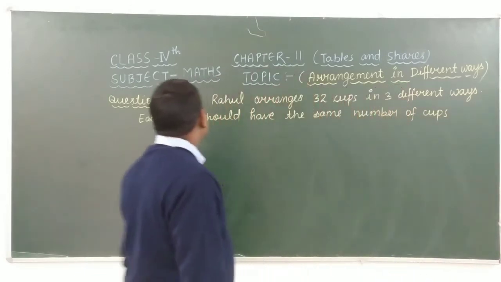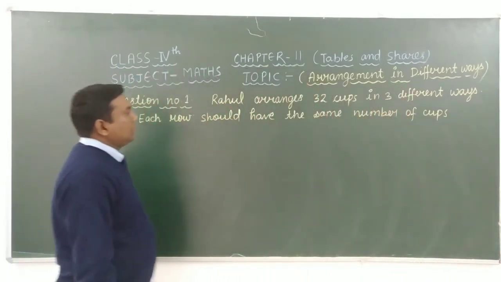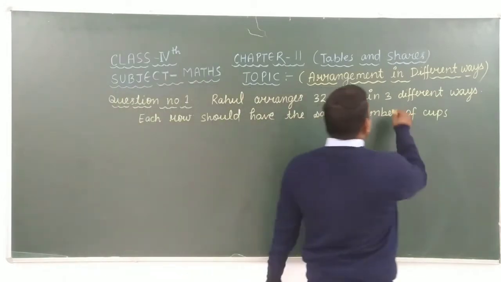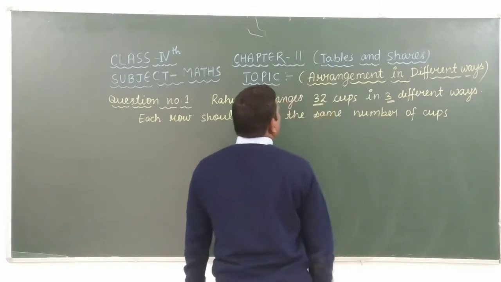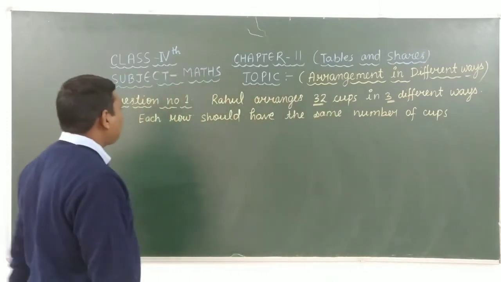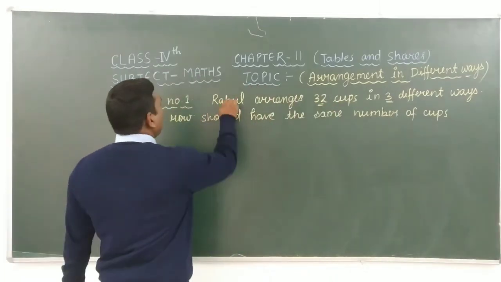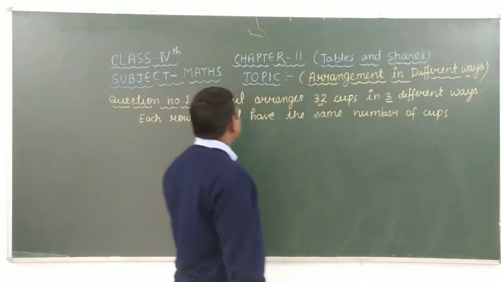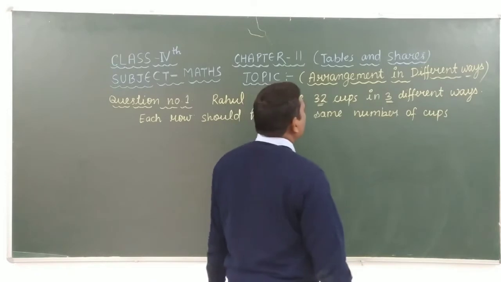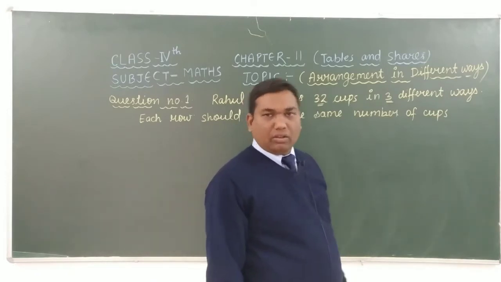In this question, it is given that the total number of different ways is 3 and the total number of cups is 32. It means that Rahul has 32 cups, and they arrange 32 cups in three different ways.